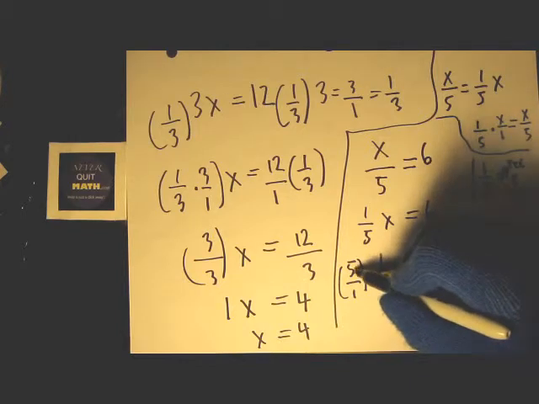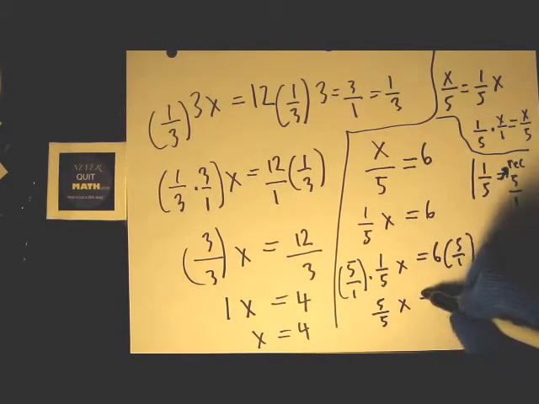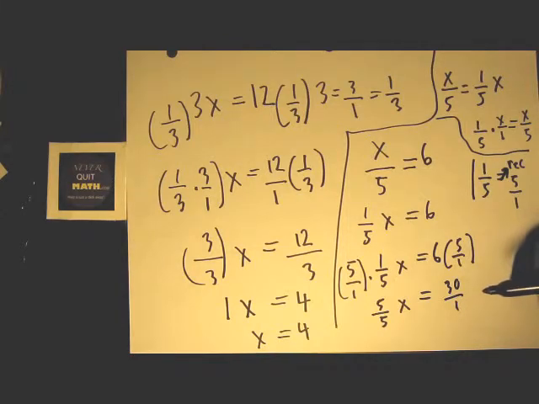Doing my multiplication, I get 5 over 5, x is going to be equal to 6 times 5, which is 30 over 1. How did I get this 30 over 1? We know this is really equal to 6 over 1 times 5 over 1. 6 times 5 gave us 30, 1 times 1 gave us 1.